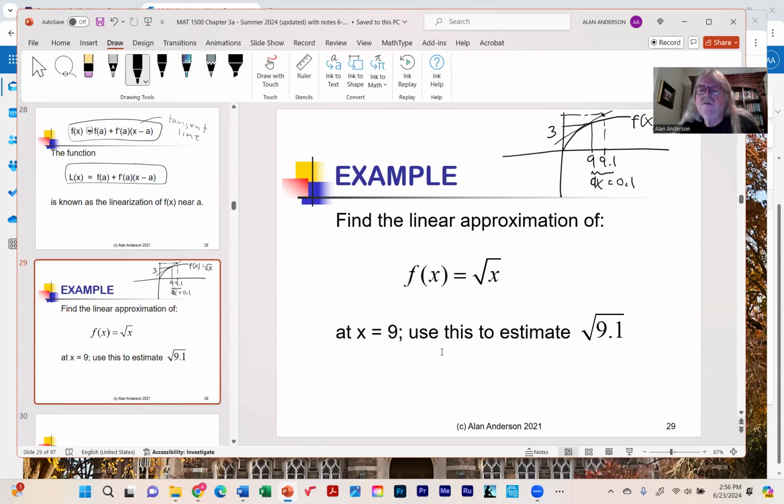Okay, so here's the square root, and what you're seeing here is that we're going to attempt to approximate f of 9.1 from the tangent line. So we already know that f of 9 is 3.